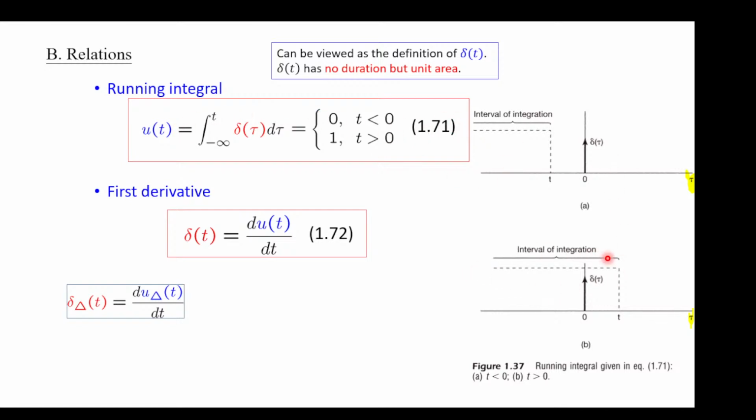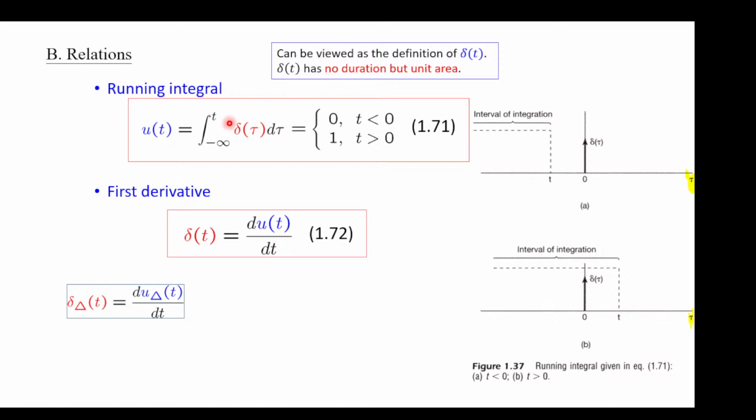And if t is bigger than 0, then you integrate over this unit impulse here. As we say, this unit impulse has area 1. So when your integration area covers this unit impulse, the integration should be 1. Okay. So when t is less than 0, you get 0. When t is bigger than 0, you get 1. And that's exactly our unit step.